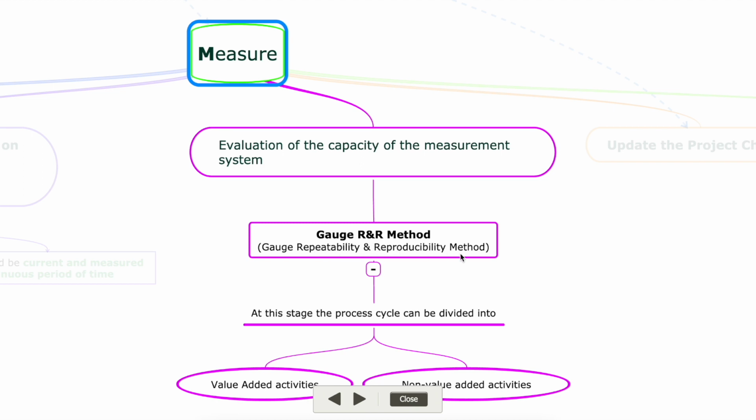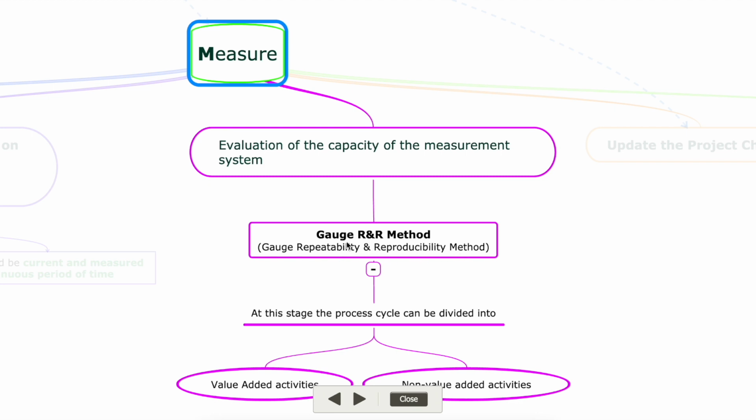We have to gauge or measure the repeatability and reproducibility of the method, that if we use this method over and over again, how well it performs. It should not be that it performs well one time and then if we want to repeat it, it does not perform that well.